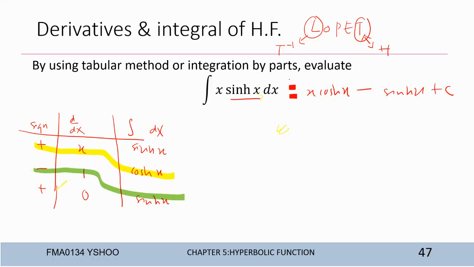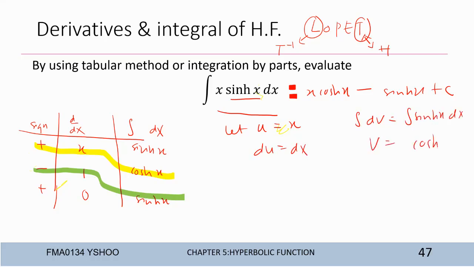Actually this question is the same as integration by parts. For this one, you need to let u equal x, then du equals dx. Integral dv equals integral sine x dx, so v is minus cos x plus c.